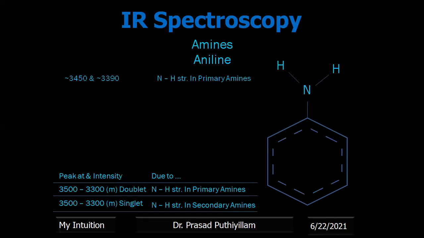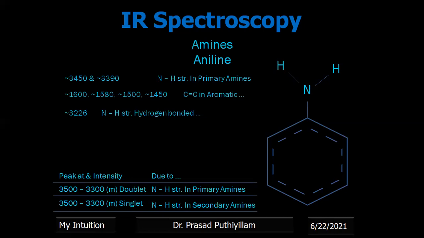So if it is aniline, the compound present here, C6H5NH2, it should give a value around 3450 and 3390 because it is a primary amine. And it should also give the values for aromatic compounds, and it can form hydrogen bonding.